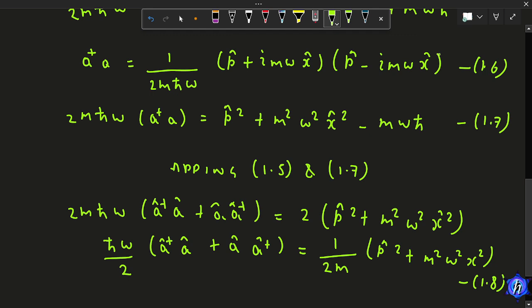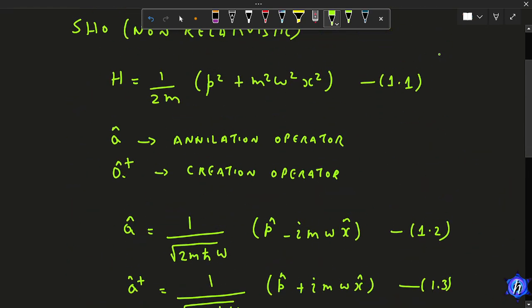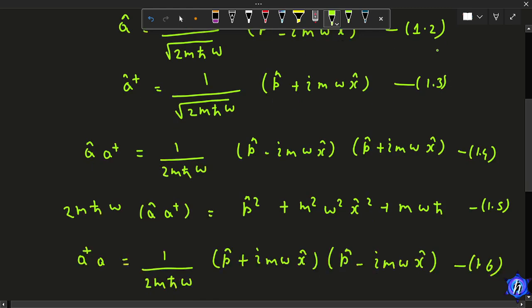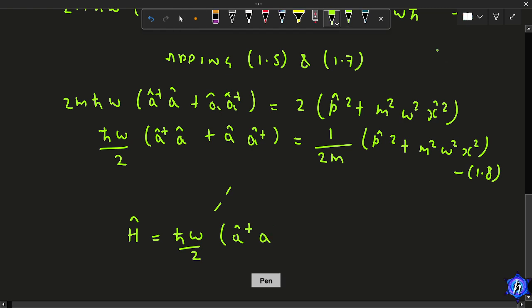So if I compare equation 1.8 with the above equation 1.1, I can write my H operator as h cross omega by 2 times (a a dagger plus a dagger a).